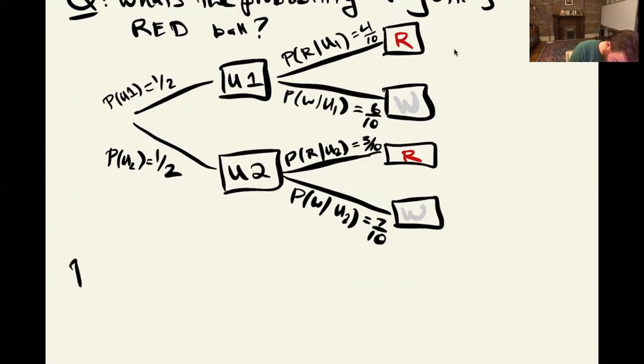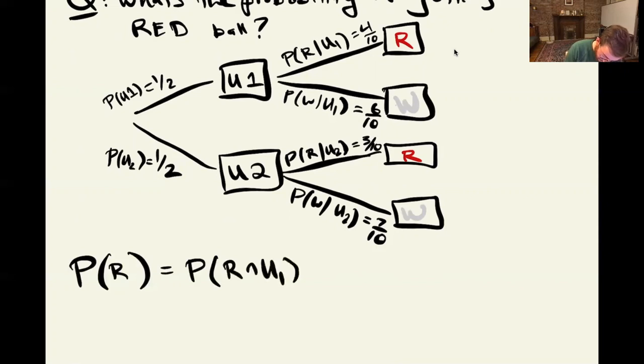We want to say that the probability of a red ball is going to be equal to the sum of 2 probabilities: the probability of red and urn 1, plus the probability of red and urn 2.